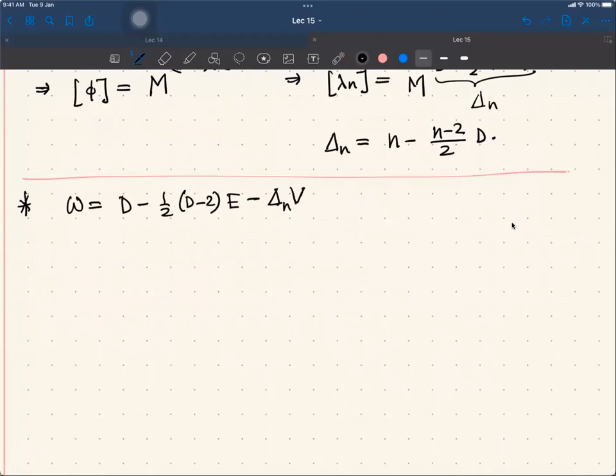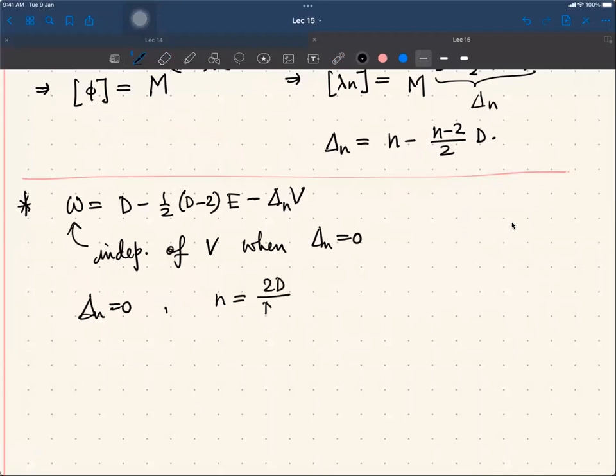So this is independent of V, the number of vertices, when delta_n is equal to 0, for a dimensionless coupling. So delta_n equal to 0 when n is equal to 2d by (d minus 2).